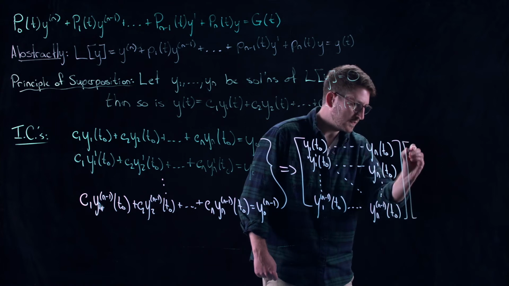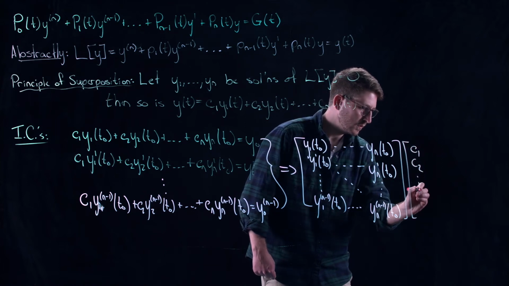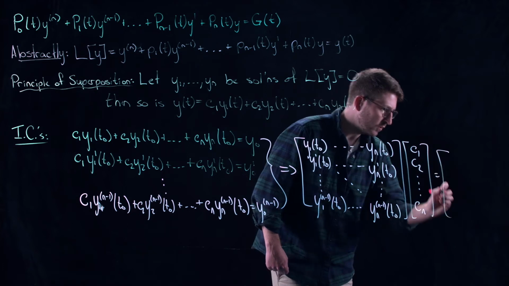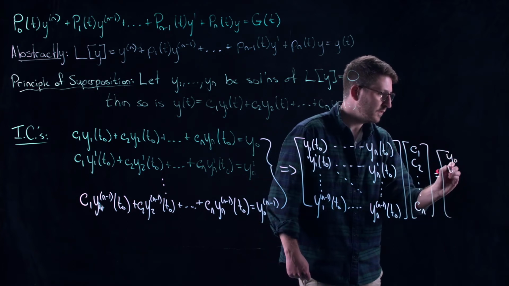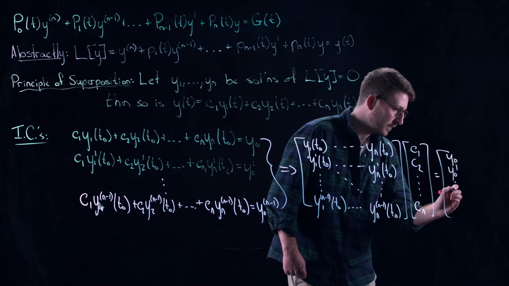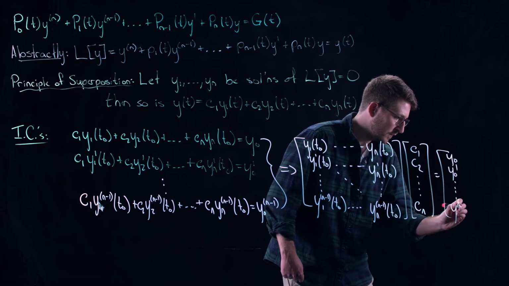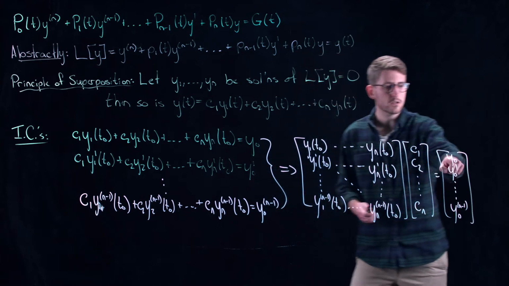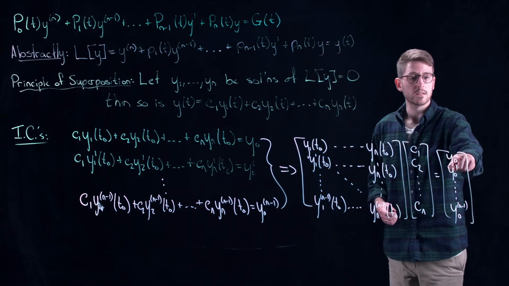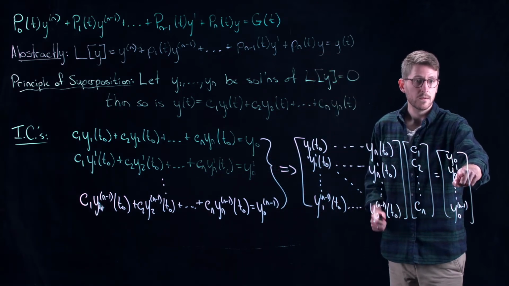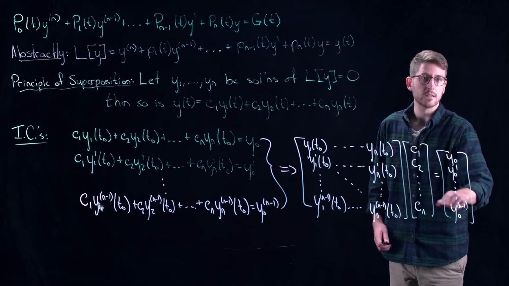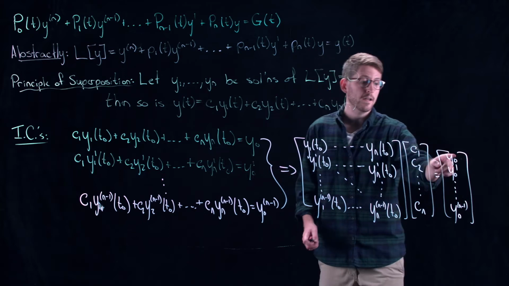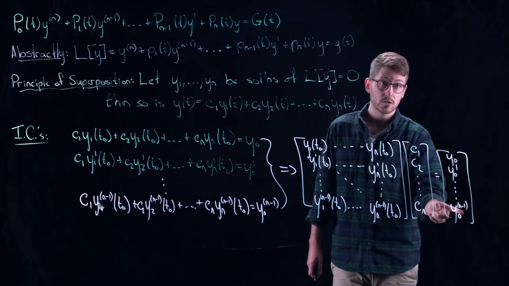This is, again, C1, C2, Cn, and you want this thing equal to y naught, y naught prime, all the way down to y naught to the n minus 1. So you have initial conditions on the state itself, its derivative, its next derivative, all the way down until its n minus first derivative. Again, if n is equal to 2, you've seen this before, right? The state itself and its first derivative.